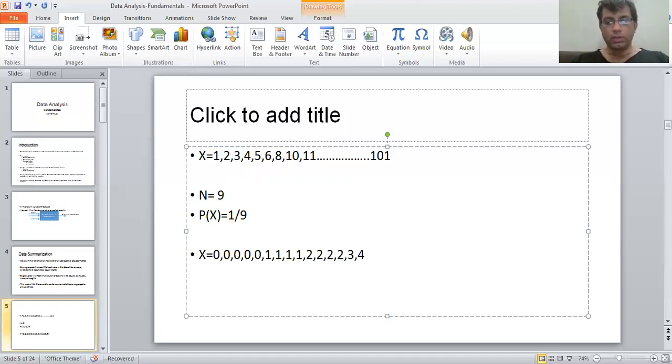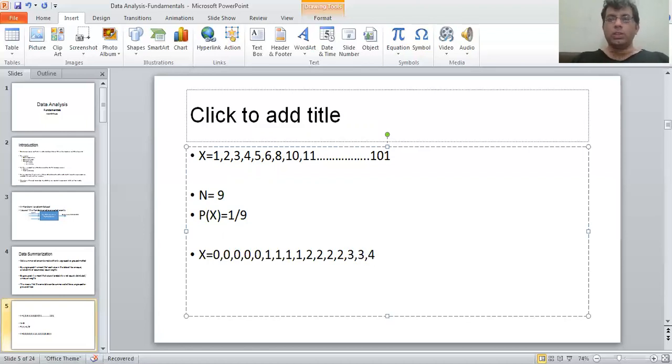Then every value has a frequency which is quite apparently different from 1. Zeros have a frequency of 5, 1 has a frequency of 4, 2 has a frequency of 4, and 3 has 2. And suppose there was a 4, and 4 has a frequency of 1.